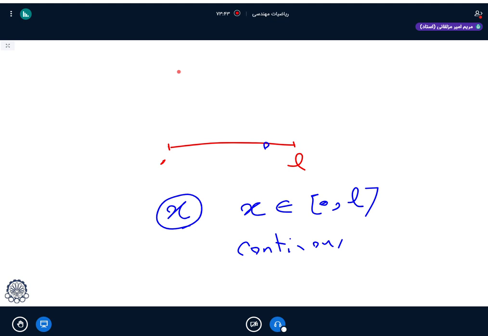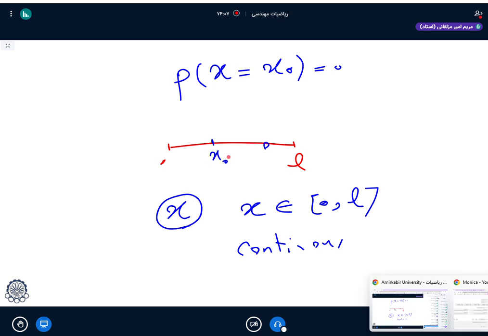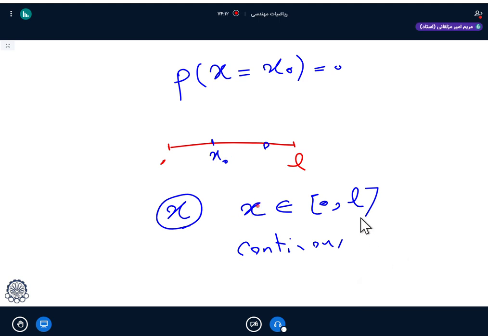If we write the probability that the random variable X is equal to a specific value, for example x0, suppose that x0 is here, the probability that a continuous random variable is exactly equal to a specific value is 0 because it's continuous.